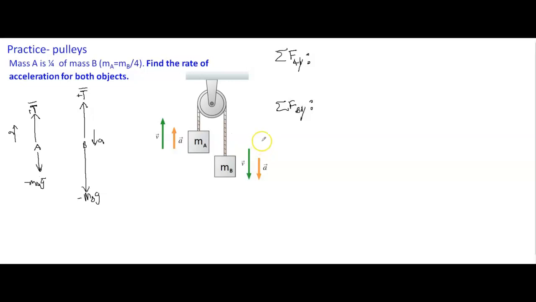Go ahead and pause the video and please do that. All right, we're back. So this is going to have a positive acceleration. This is going to have a negative acceleration. Make sure to draw those.